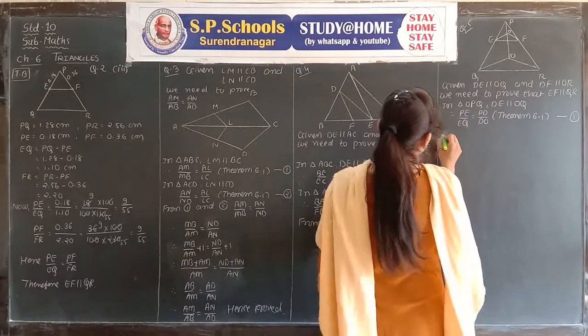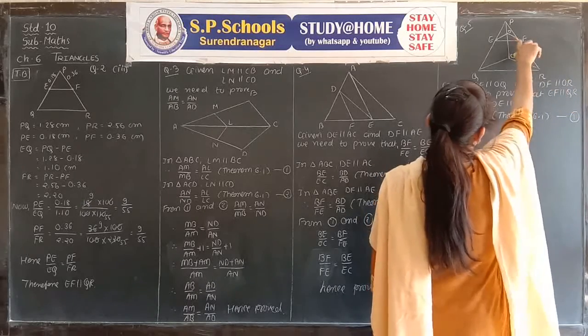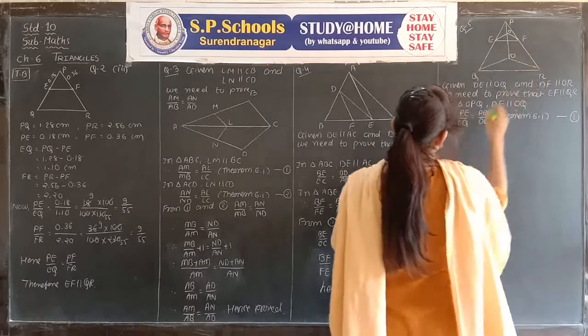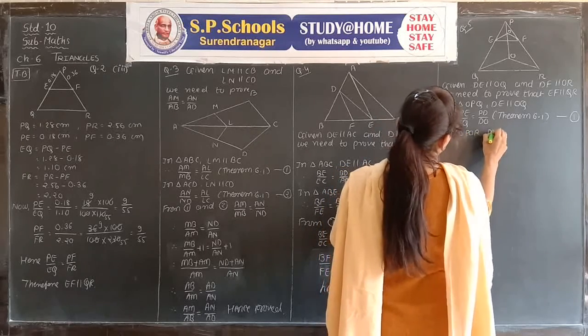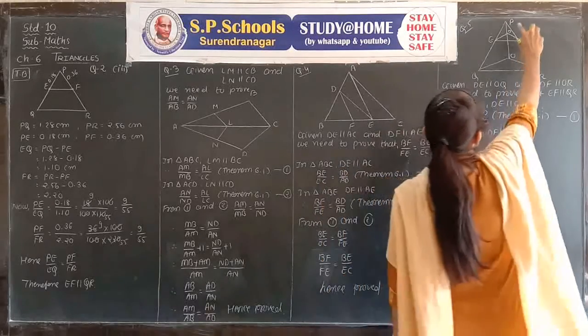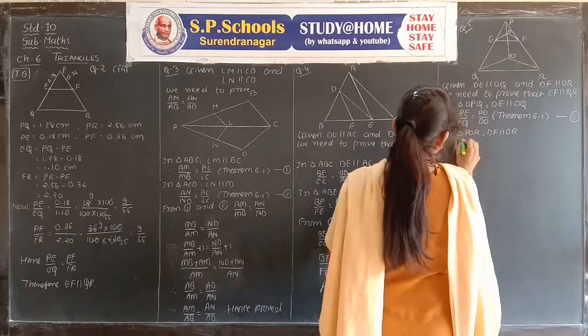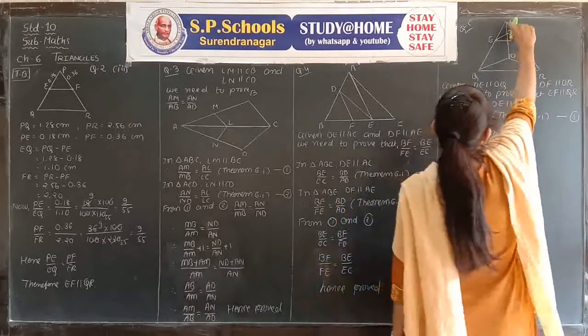Now in the second triangle, POR, in which DF is parallel to OR, therefore PF upon FR is equal to PD upon DO.